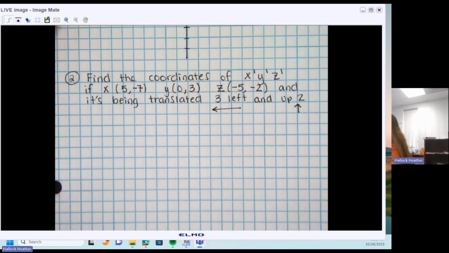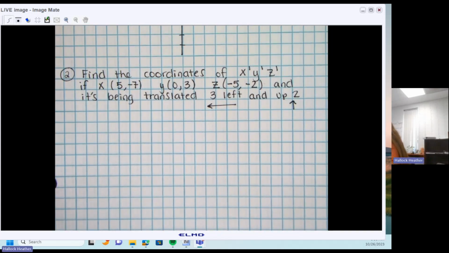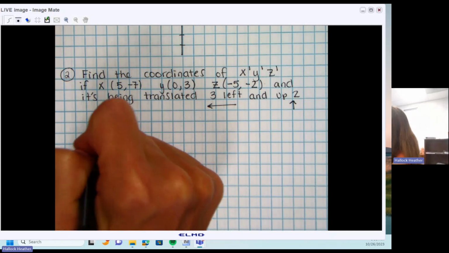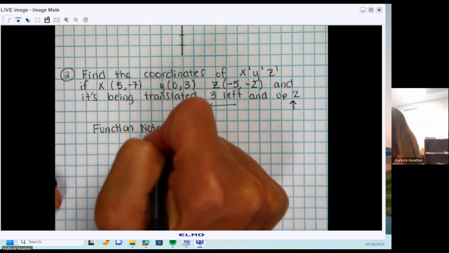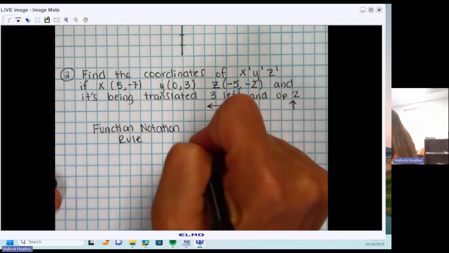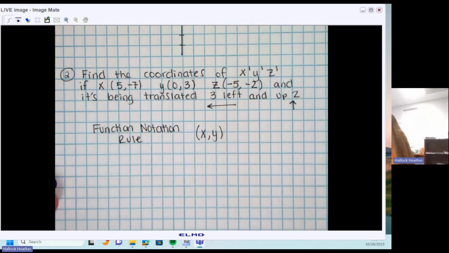What we're going to do is write a rule to represent this transformation, which is usually on your EOC. This is where it would not be multiple choice, and they would actually have little blanks for you to fill in a number. So for your function rule or function notation rule, they're going to describe this as changing the original X and Y variables to something else.